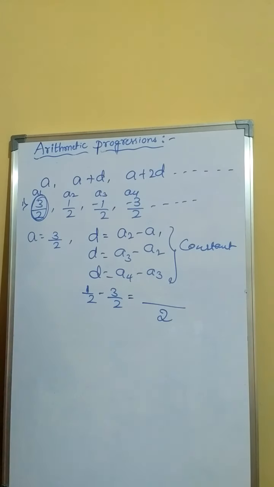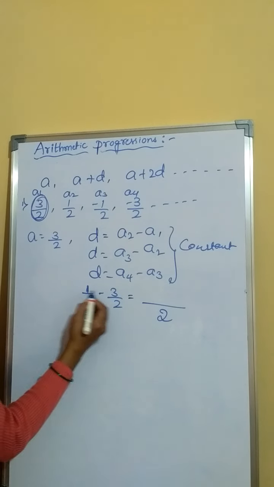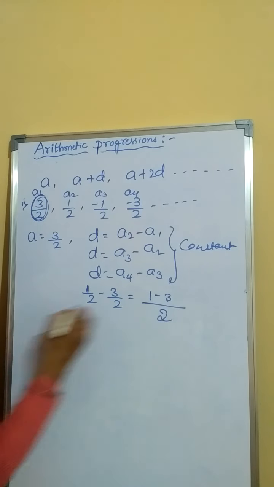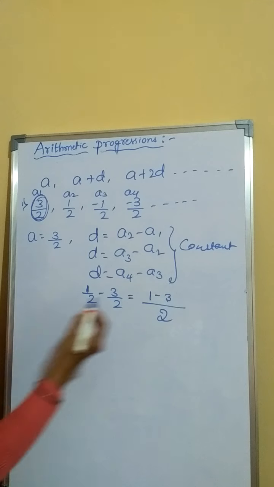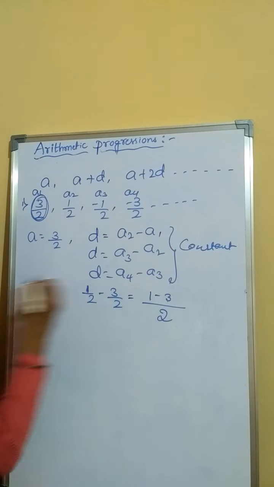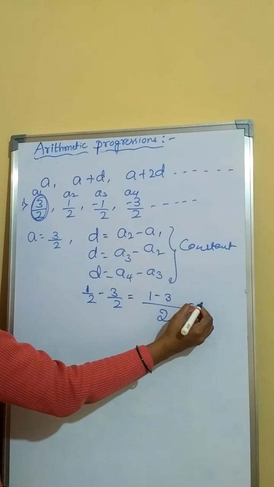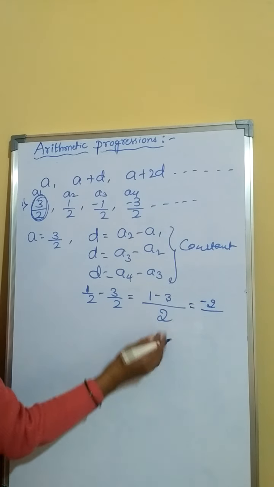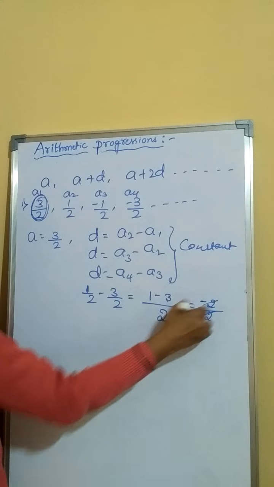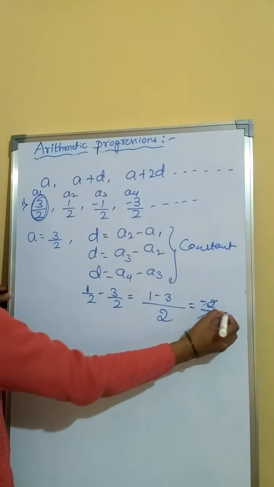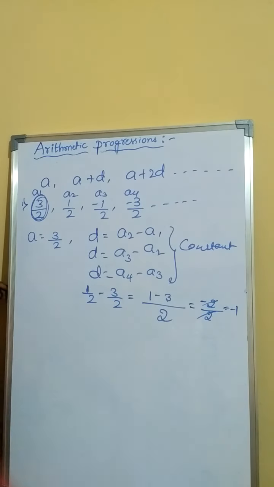The common denominator is 2 and the numerators are 1 and minus 3. Now both are having different signs, we need to subtract. So here 1 minus 3 is minus 2 and the denominator is 2. When we simplify these, 2 ones are 2. We get minus 1 as the common difference.